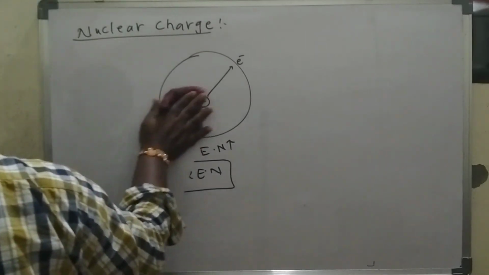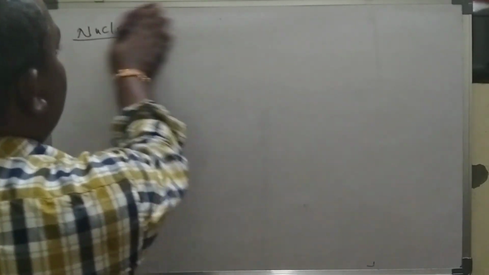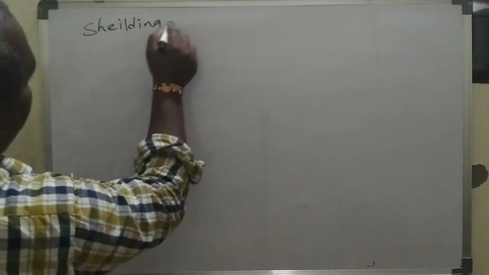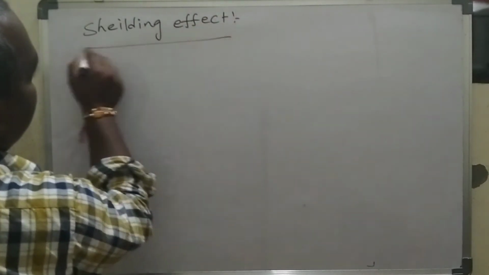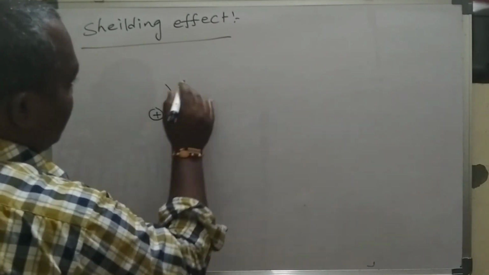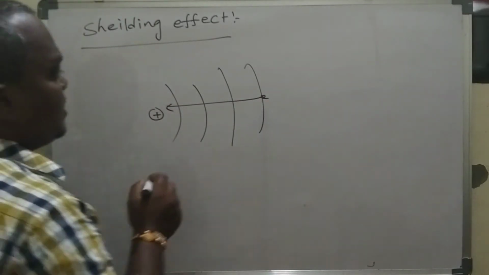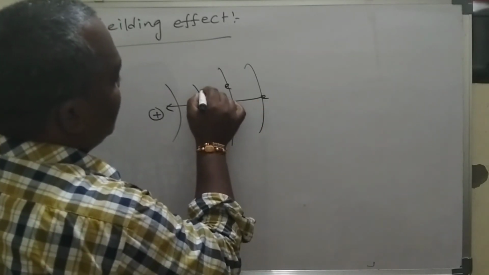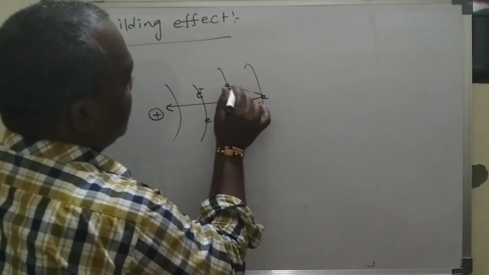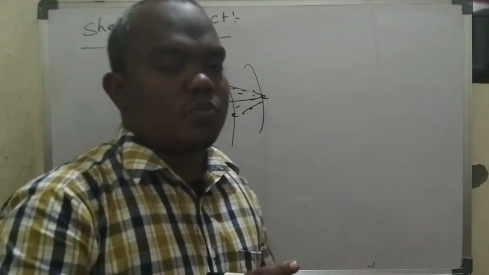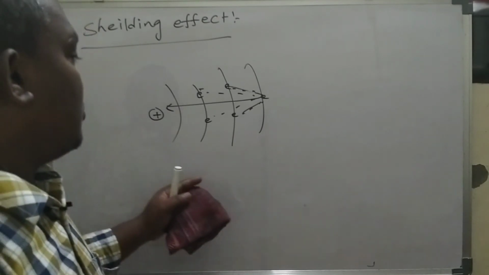The next one is shielding effect. We know that the shielding effect is when the outermost electron is pulled towards the nucleus by the nucleus, and the inner electrons present in the inner shells oppose that outermost electron being pulled by the nucleus.